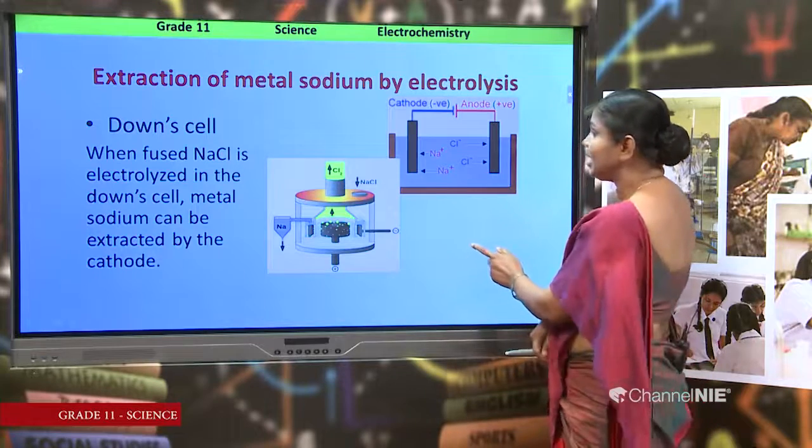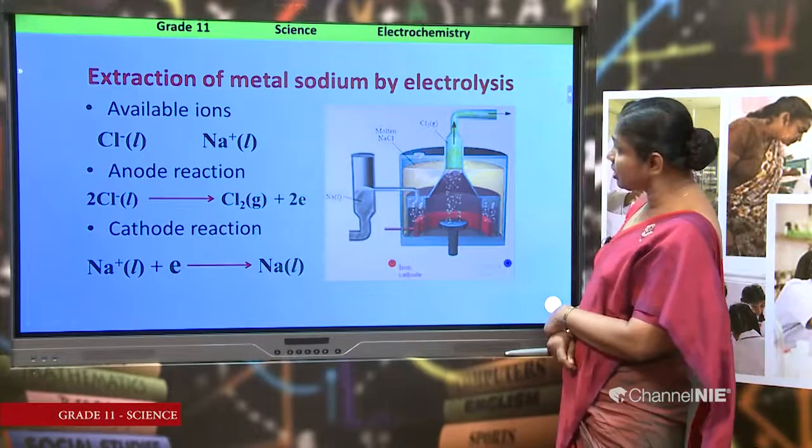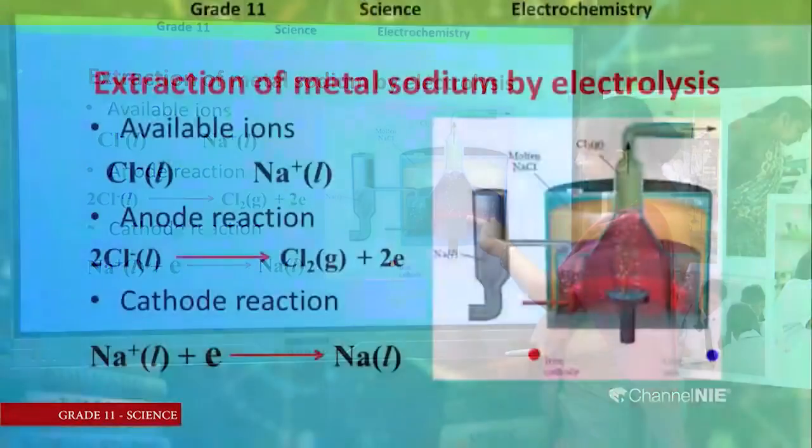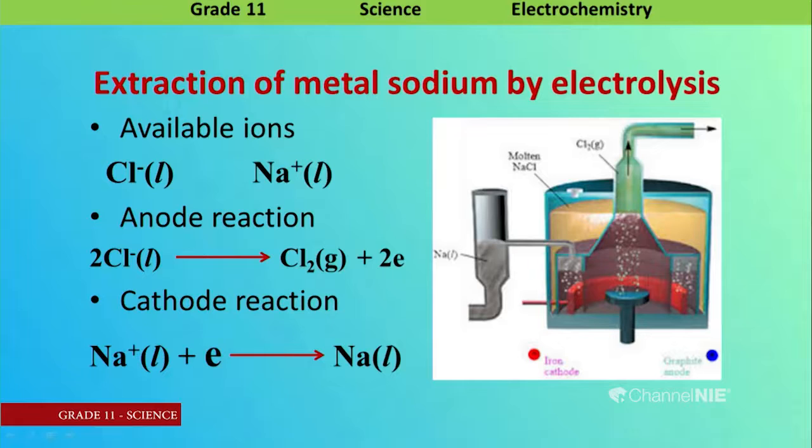Here you can see another picture of the Downs cell. See how the chlorine gas is emitted from the anode. It can be separately taken out by this method. And there's a steel diaphragm, a steel mesh around the anode.